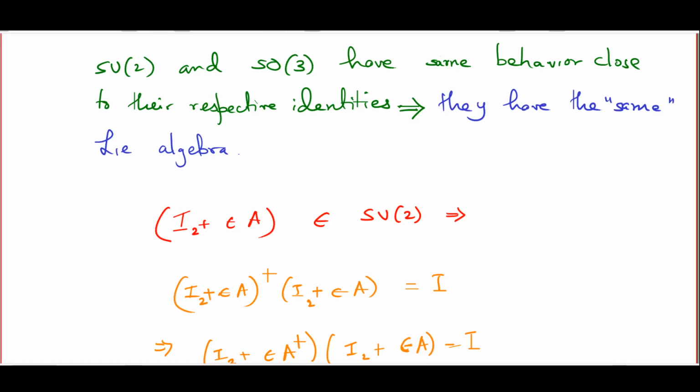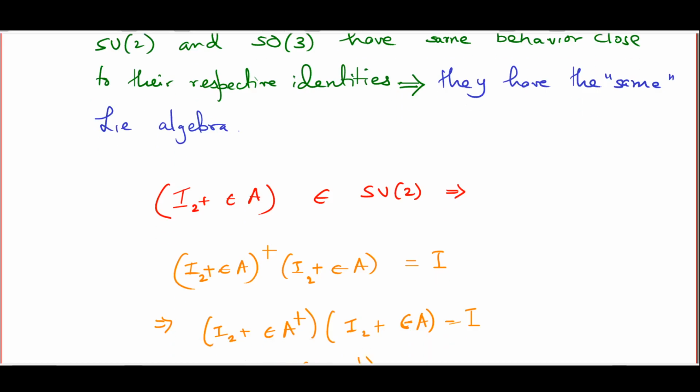And that small correction term, which is a 2x2 matrix of course, we write as epsilon times A, where the smallness is parameterized by this small value epsilon. Now, this particular matrix has to be a unitary matrix. So, identity plus epsilon A dagger, if you multiply that by identity plus epsilon A, of course the identity here is a 2x2 identity, you must end up with the 2x2 identity as a result.